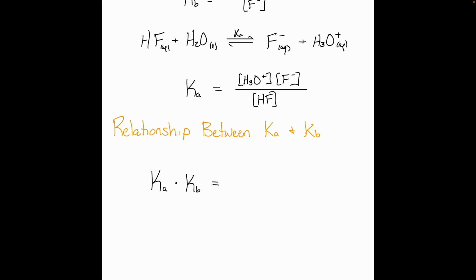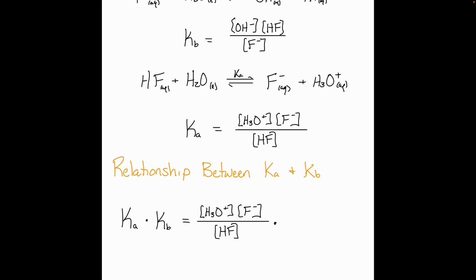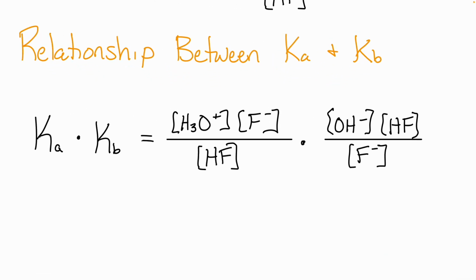By that I mean I'm going to take my expression for Ka and multiply it by that expression for Kb, and I want everybody to take a second and simplify this equation here. Can I simplify this at all?